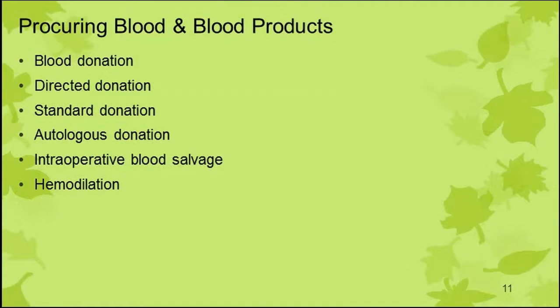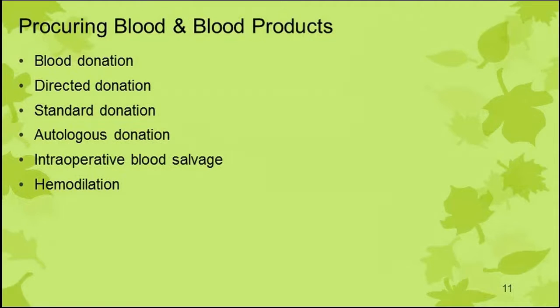Again, patients who know that they're going to be having a big surgery where blood's going to be necessary can go in months ahead of time and begin to donate a unit or 2 units. Now understand that, especially with red cells, that process is 120 days. So they recommend that patients go in a few months in advance so that we don't deplete their stores before they have a major operation.